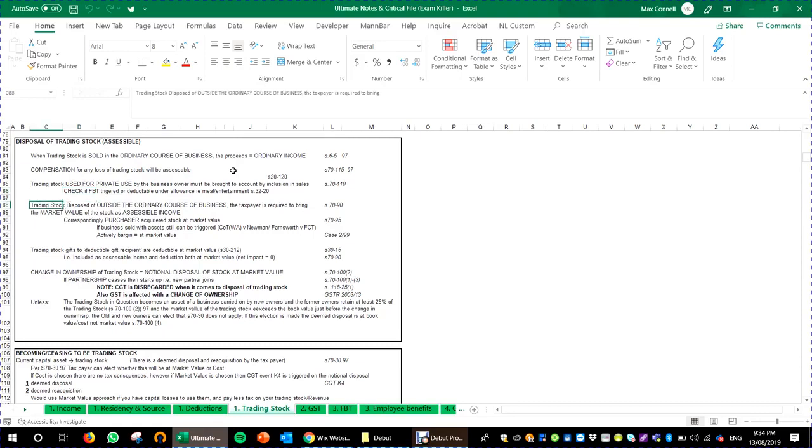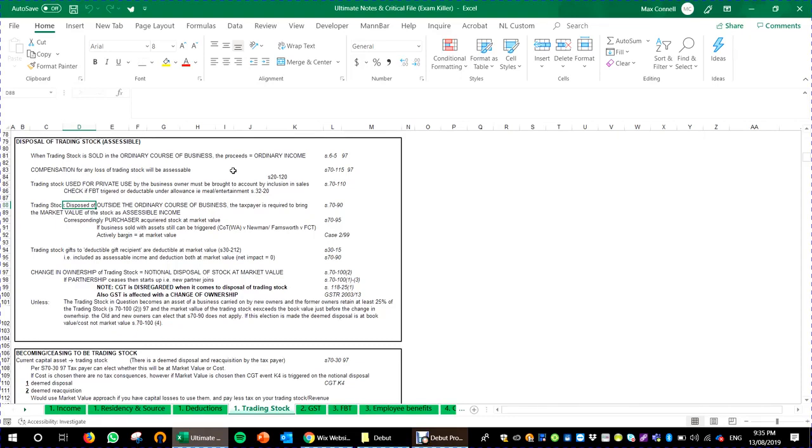Here's another one about trading stock disposed of outside of the ordinary course of business. So what is the ordinary course of business? If you're a deli worker and you're selling meats, that's the ordinary course of business. Outside of that is any other way you've disposed of it, whether you are just writing off your stock, giving it away, or perhaps selling it or giving it to charity or anything like that.